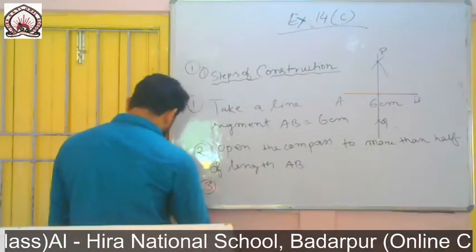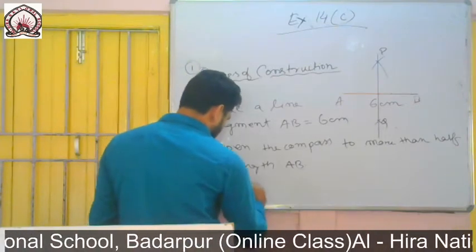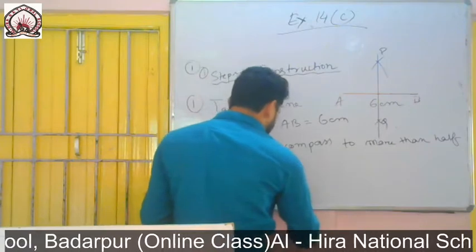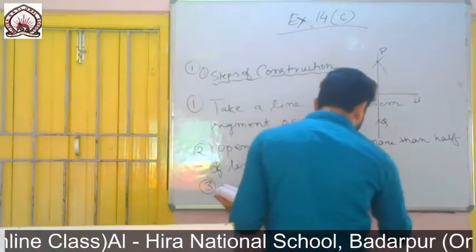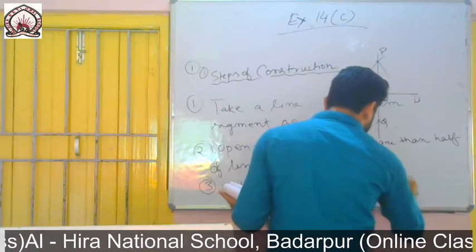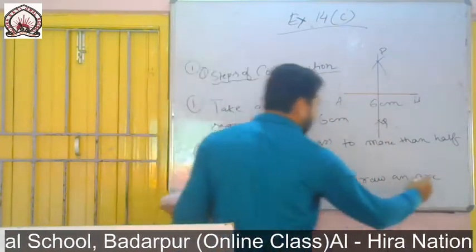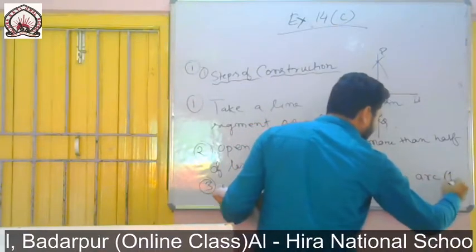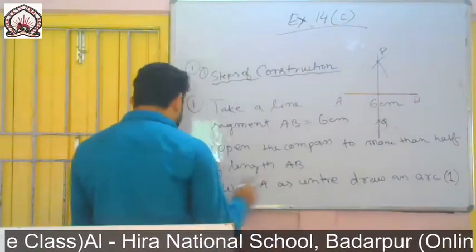Number 3, with A as center, draw an arc. You can give arc 1, that is first arc, in bracket.